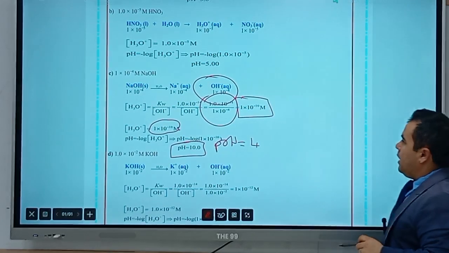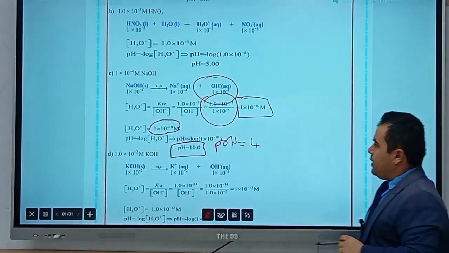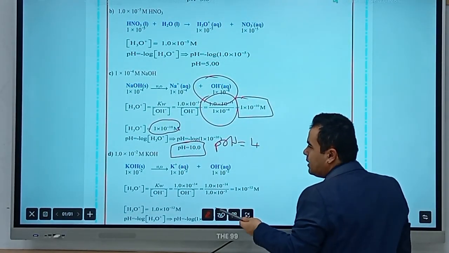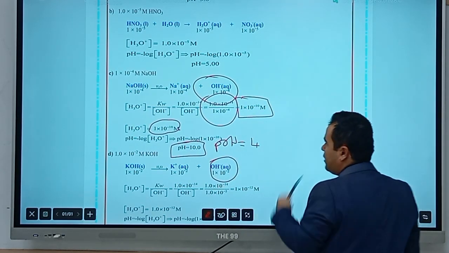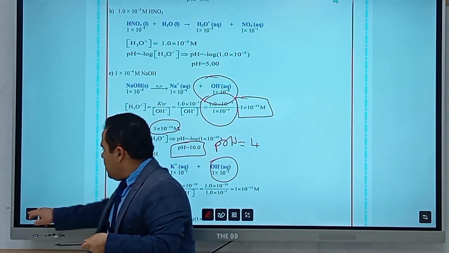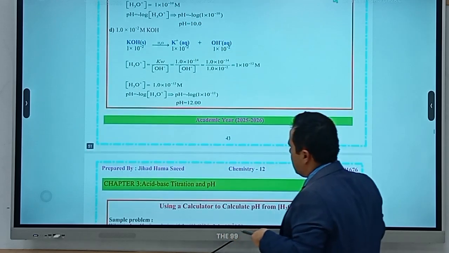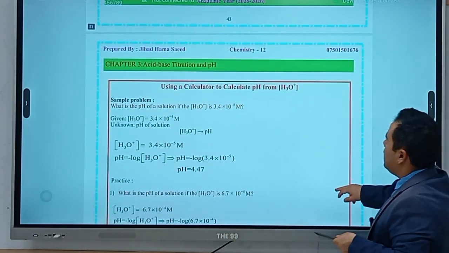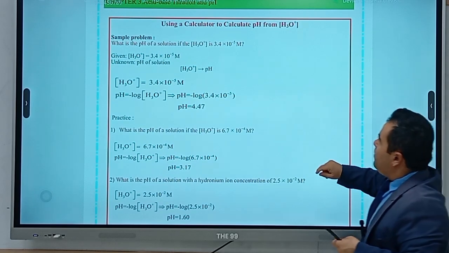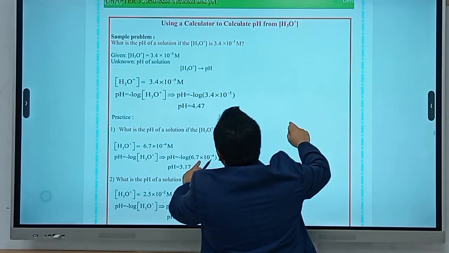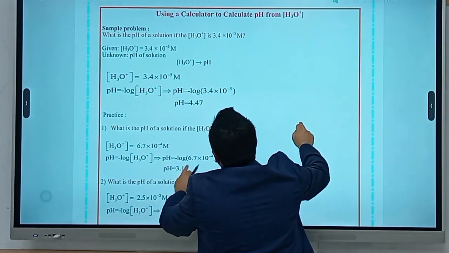That's the alkaline solution. KOH, the same, guys. KOH, its concentration is equal to hydroxide, the same as the part C, the same procedure. You can calculate the hydronium, hydroxide, pH, pOH of the solutions through the given quantities of the acids and bases.